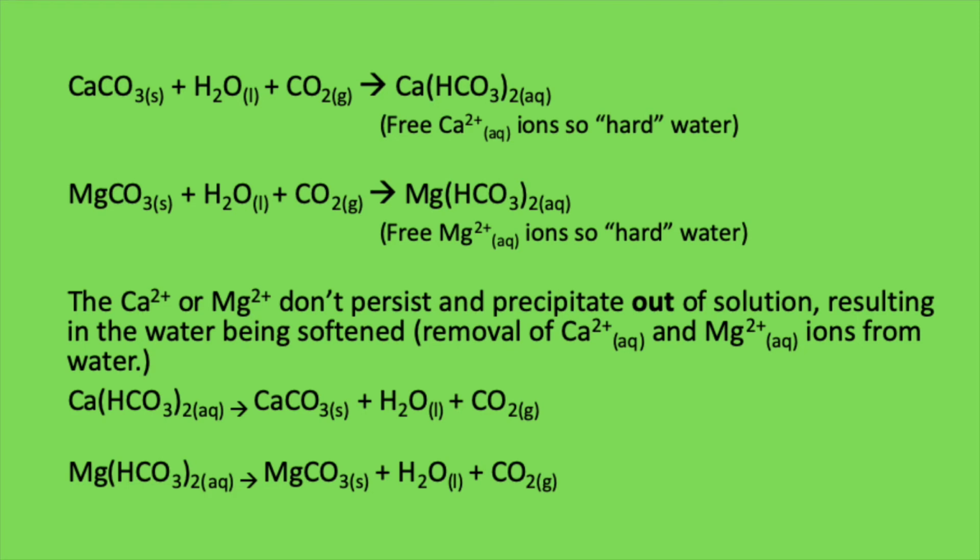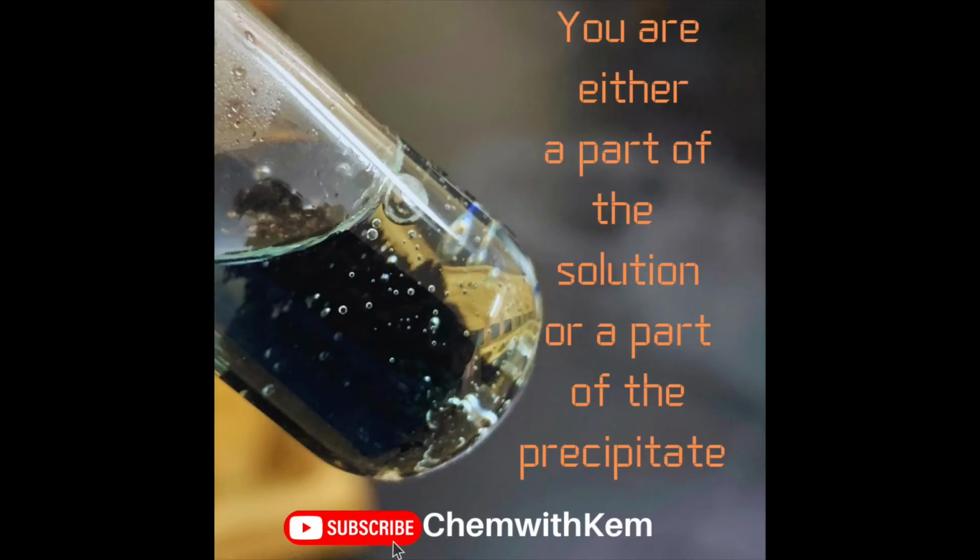So when we remove those ions from the water by whatever process, whether we treat it with washing soda, slaked lime, or whatever means, then the water is considered soft. It's a little counterintuitive, because when these ions precipitate out, they form a solid. And I normally say you're either part of the solution or you're part of the precipitate. Now, precipitate is a solid.